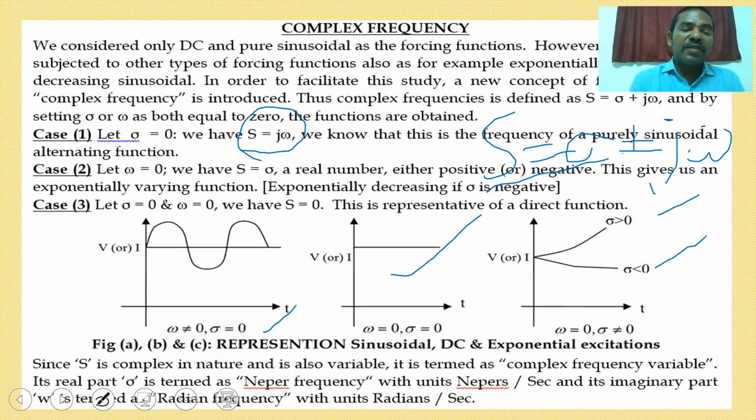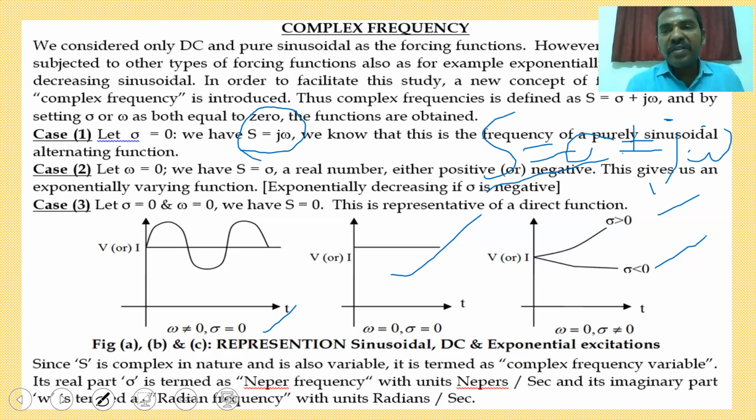So the complex frequency is also a variable in nature. The real part sigma is treated as Neper frequency, and the units of this are Nepers per second, and the imaginary part is the radian frequency, and the units of this frequency are radians per second.